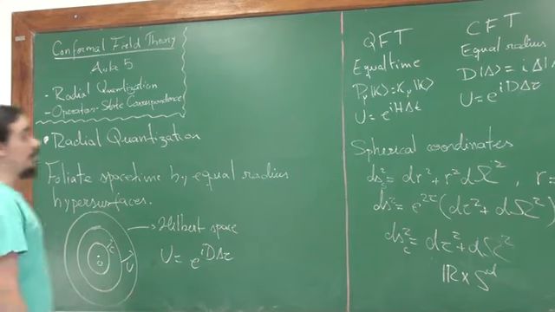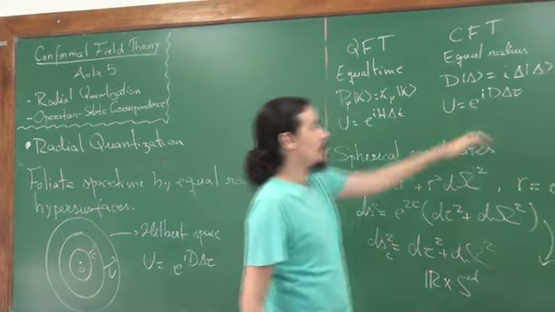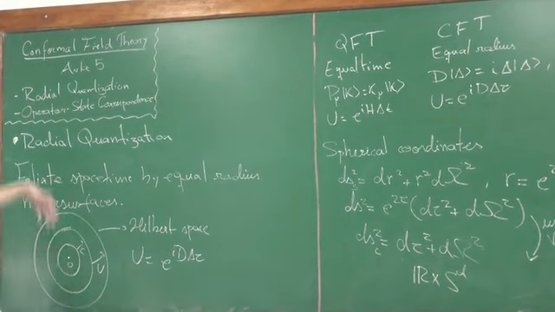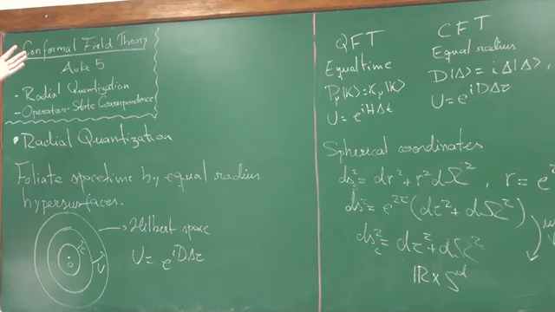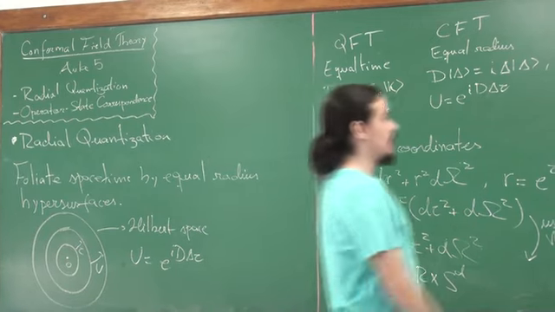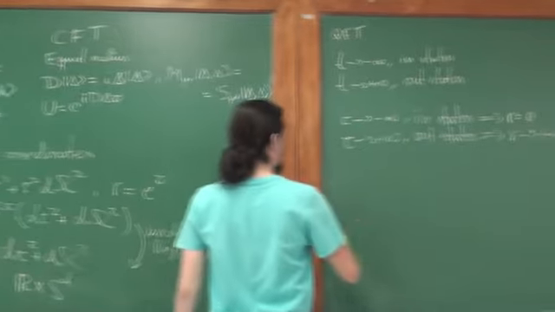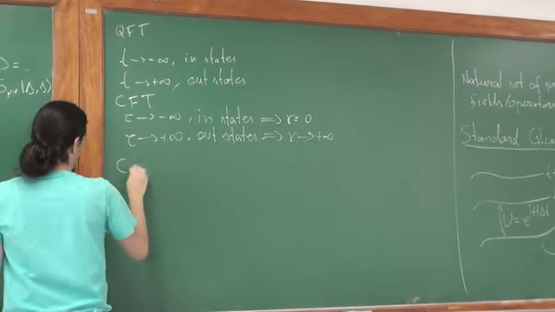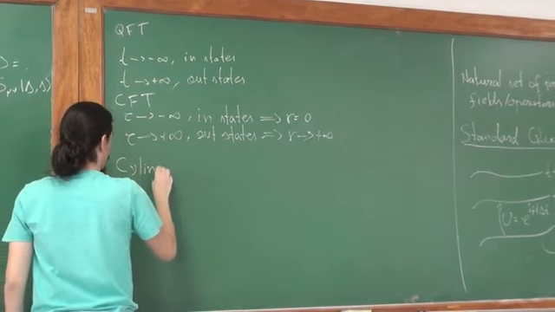And then this evolution is just taking your in-states and evolving them to the out-states. It is basically the same. This is what people call the cylinder interpretation.